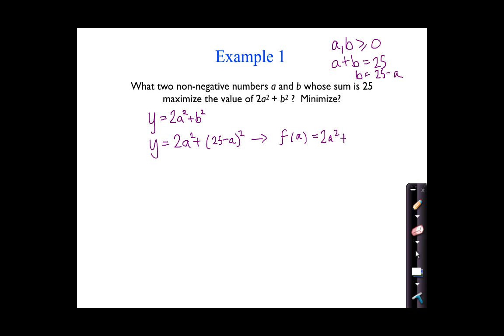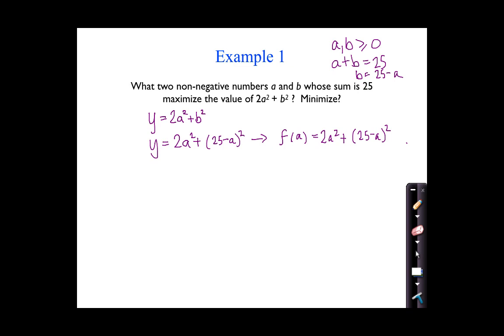I'll just leave this as 25 minus a squared instead of multiplying it out. But in terms of the domain rules for a, it can't just be anything greater than or equal to 0, right? Because a and b, meaning a and 25 minus a, both have to be greater than or equal to 0. So a is restricted to what domain? It's between two numbers, 0 and 25.